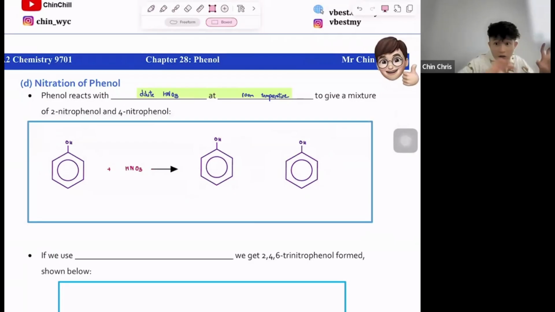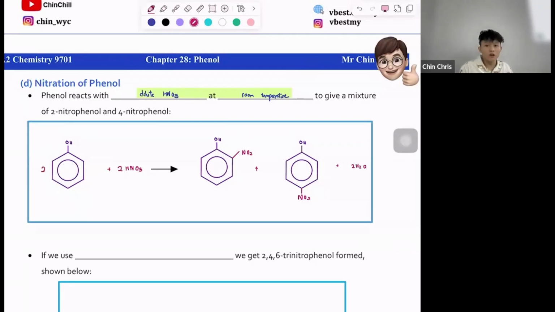You no longer get 2,4,6. You get either a 2-nitrophenol or a 4-nitrophenol. Again, position matters. It will always go into the 2,4 positions.